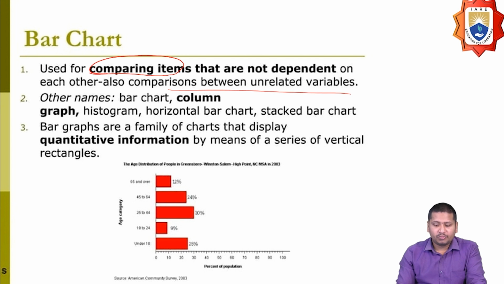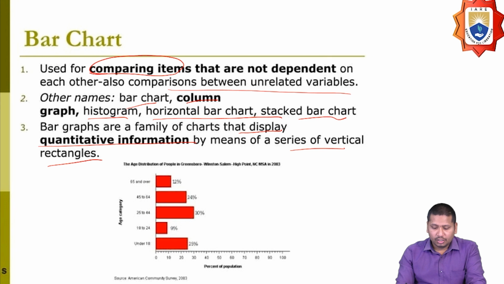The other names of this bar chart are column graph, histogram, horizontal bar chart, and stacked bar chart. Normally the bar graphs are a family of charts that display the quantitative information by means of a series of vertical rectangles.